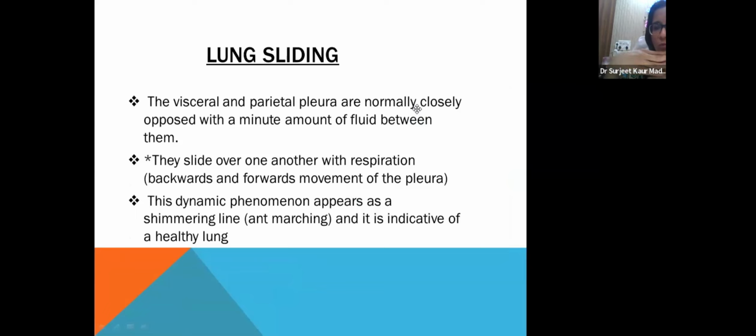So when they move against each other with the respiration, this back and forward movement of the pleura is called pleural sliding or lung sliding. It looks like a shimmery line, an ant marching kind of movement. This is indicative of a normal lung.